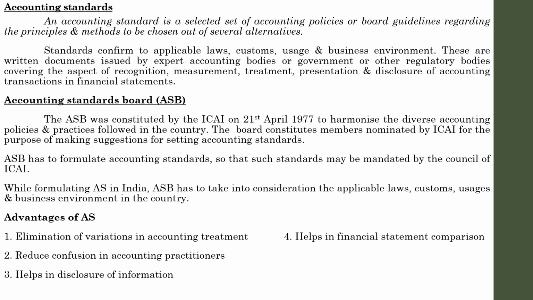So accounting standards help in financial statement comparison, because they facilitate comparison of financial statements of different companies situated at different places. How? By making the presentation of information of various concerns uniform. Only through uniformity can we compare.